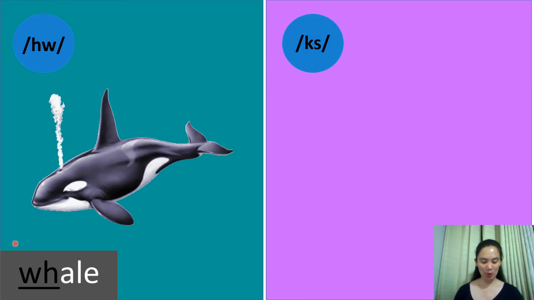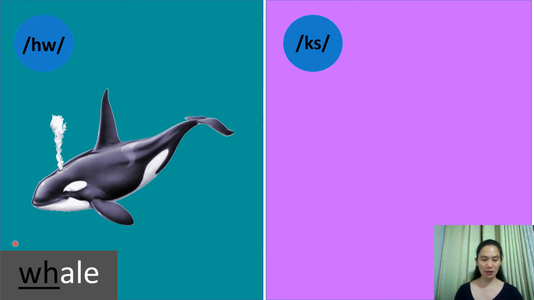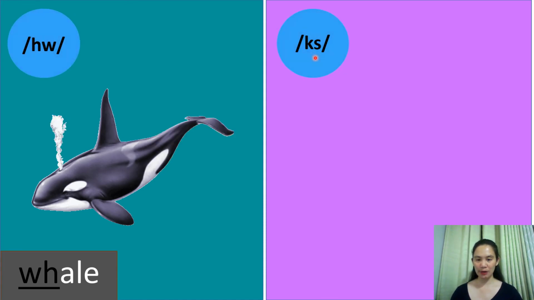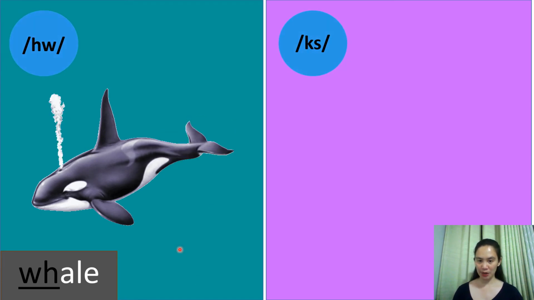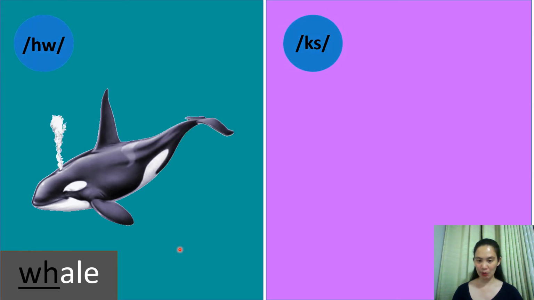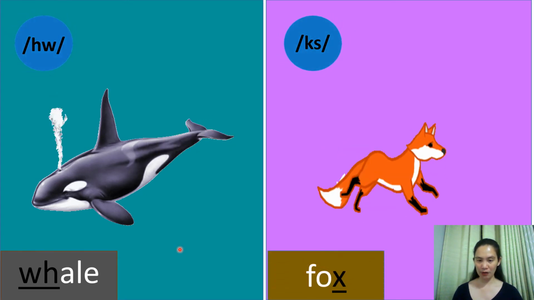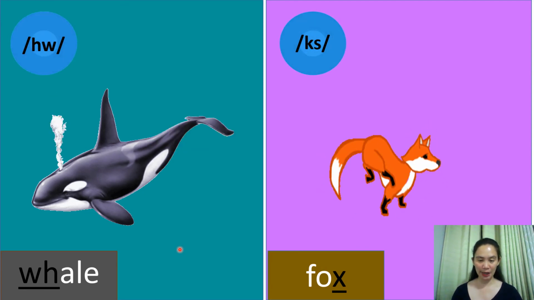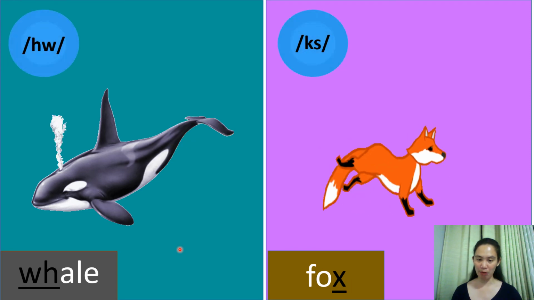The same sound can also be heard in words like what, whack, and white. Next sound, we have the sound of x. This sound can be heard in the letter X, like in the word fox. The same sound can also be heard in words like text and box.